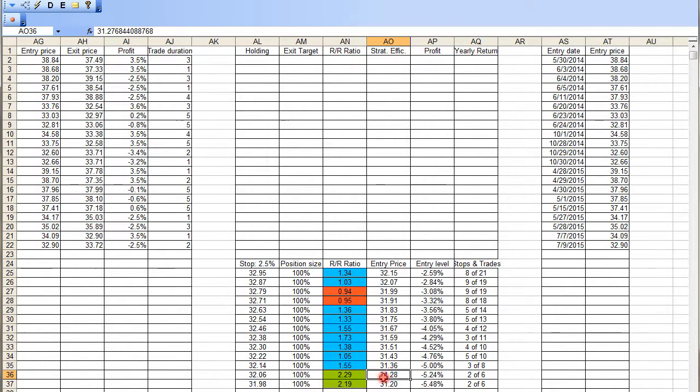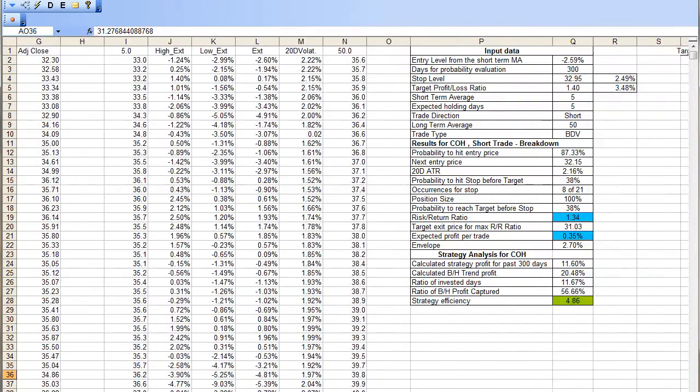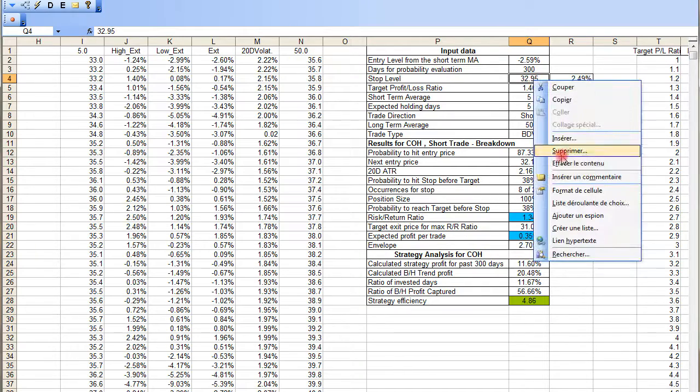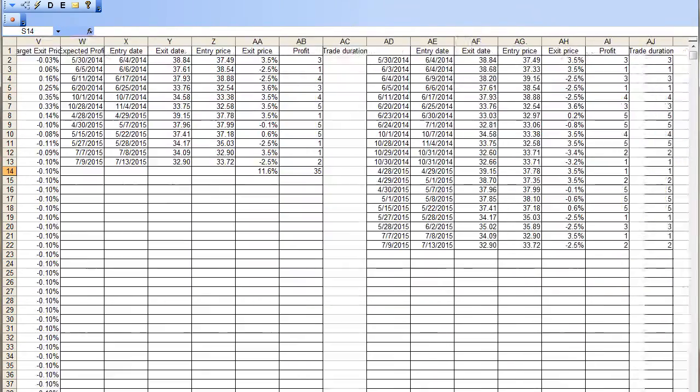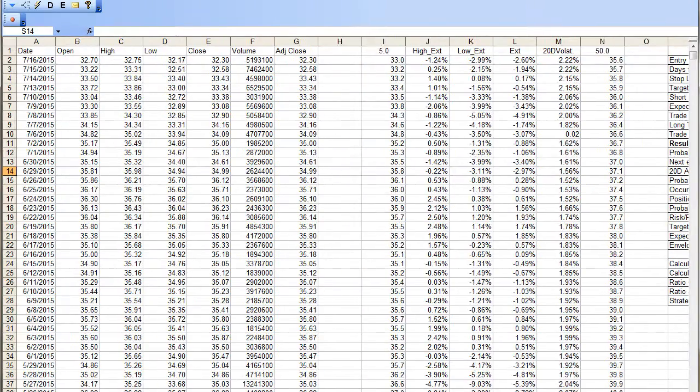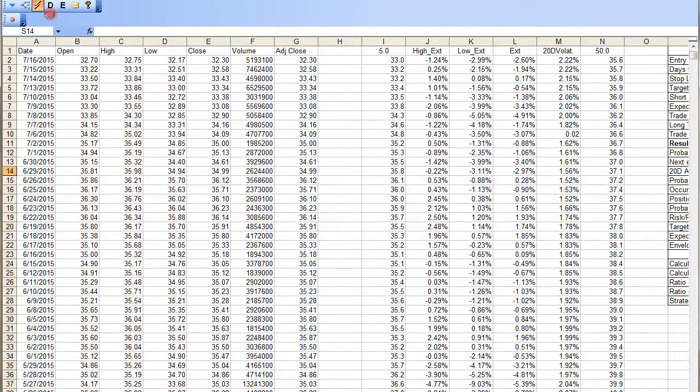You can see that here we can have a good risk return ratio if we short on a really big breakdown below 31.28. I will try this figure here. So I will do this here, 2.5%. So it's a short at 31.28.